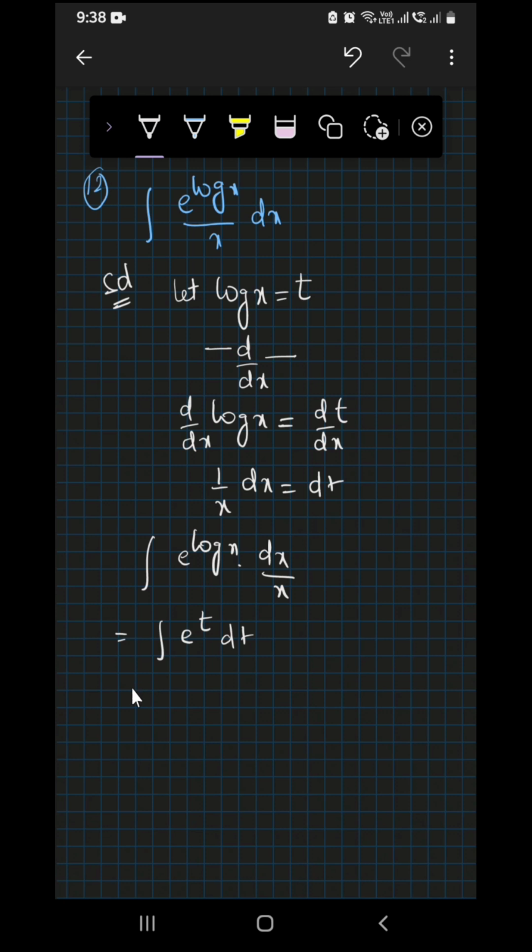So now integration of e power t is e power t only, plus c. So e power t, we took log x as t, that's why write t is equal to log x in the answer: e power log x plus c. This is the answer for the given problem.